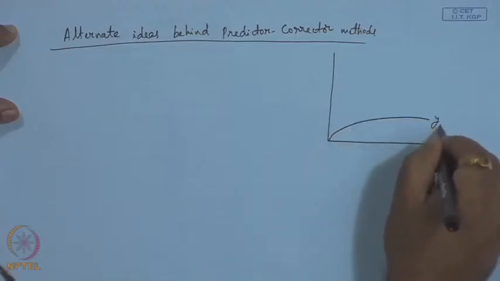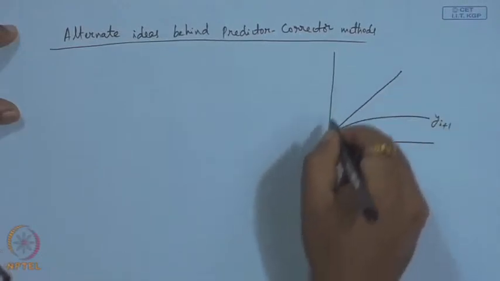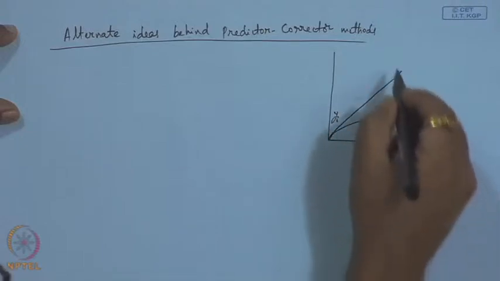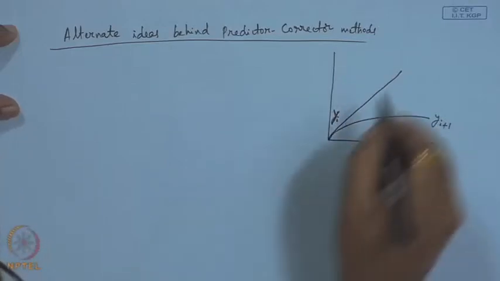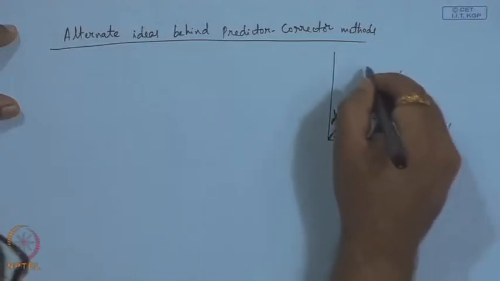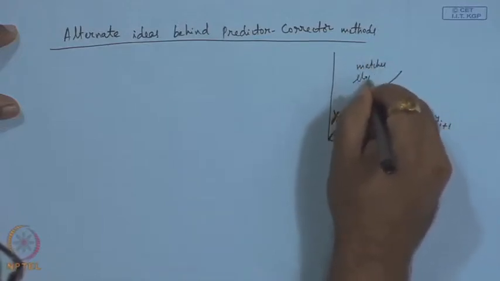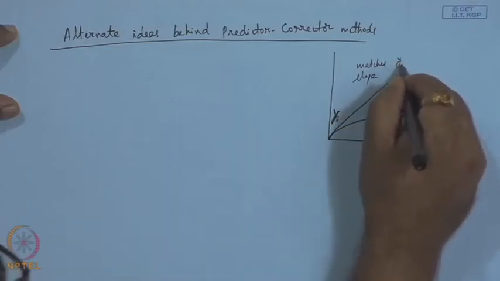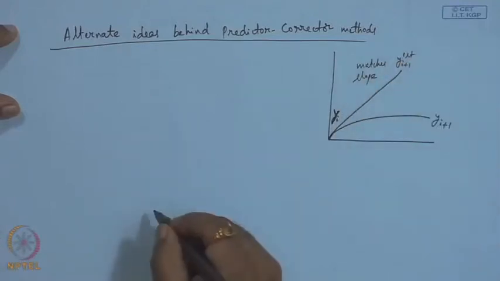Suppose this is our y i plus 1 and this is the approximation. Let us denote some other notation. Then this matches slope for this, so this can be thought of as first approximation.